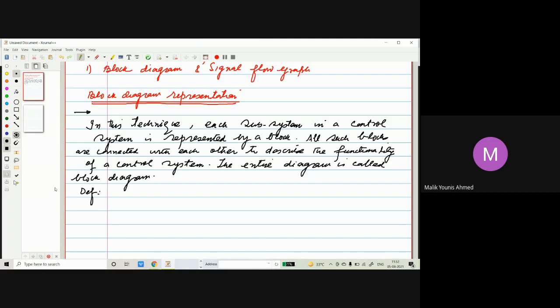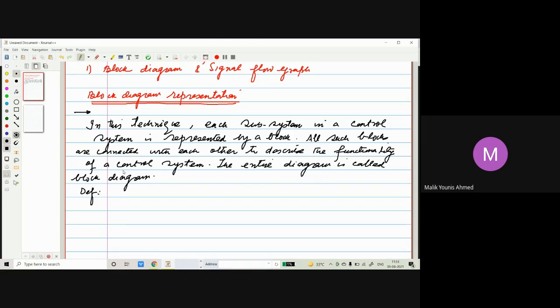It is defined as a pictorial representation of the functions performed by each subsystem. Each subsystem is represented by a block, and each block describes the function performed by that individual block. And then there is the flow of signals, that means arrows going from one block to another block. So a block diagram is a pictorial representation of the functions performed by each subsystem, and the flow of signals, how the flow of signals has to be arranged.